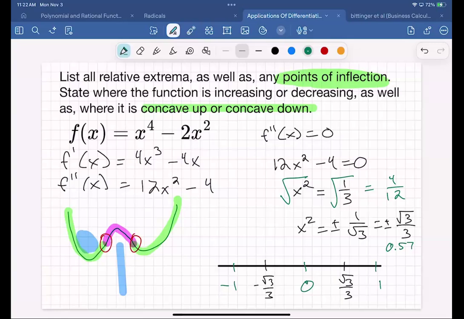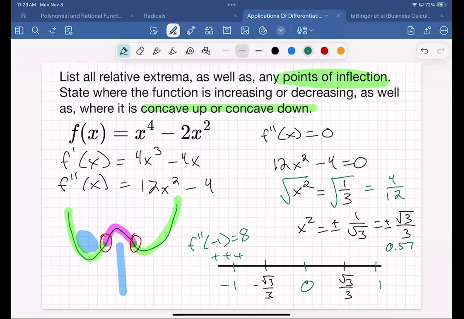Now, what function should I be plugging them into if I'm trying to test for points of inflection and concavity? The second derivative. This is where we're saying the second derivative is our focus, so let's plug -1 into that second derivative. That gave me a positive 8.